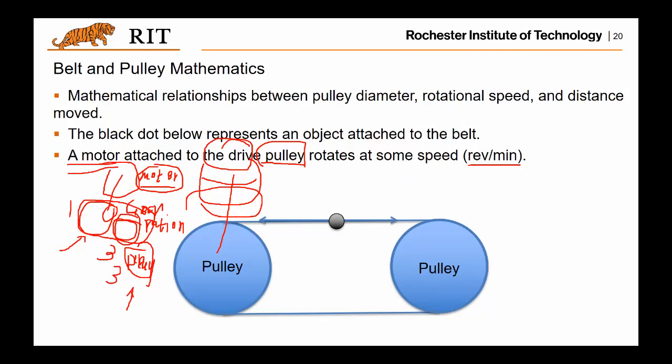And when the pulley revolves, it will drive the belt to move linearly. And as you can see here, it will drive this black dot to move along this axis linearly. All right.